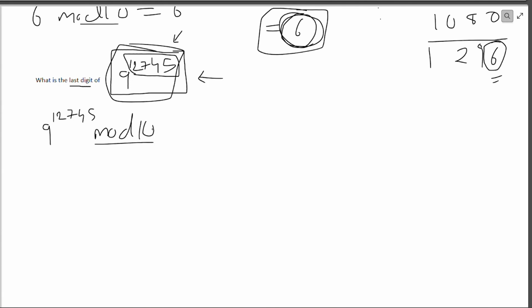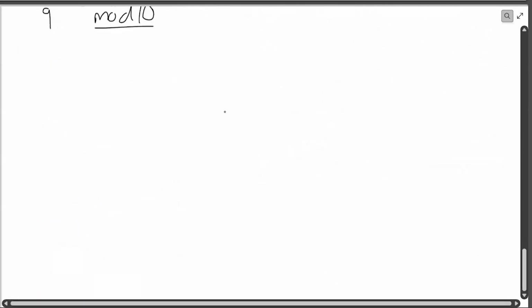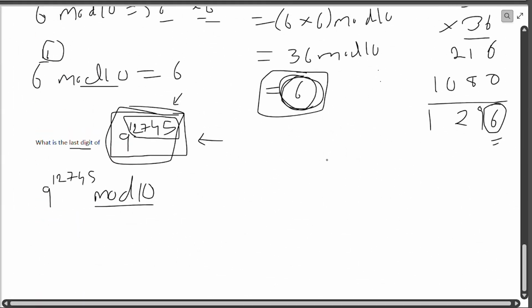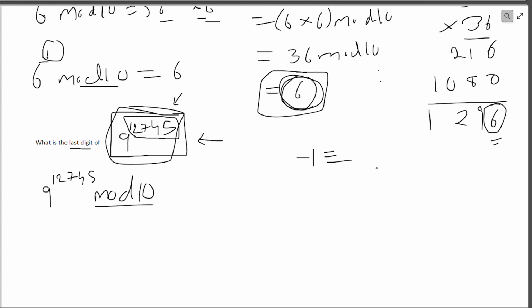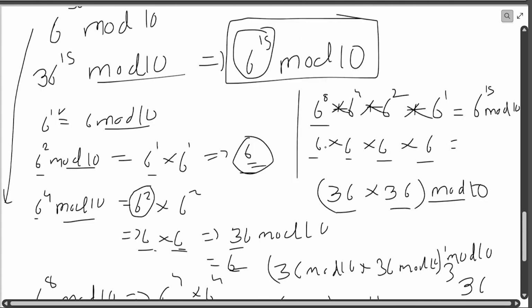And for mod 10, one more thing that we did not mention while looking at the congruent notation is that when I say minus 1 is congruent to 9 mod 10, this is also a correct statement.